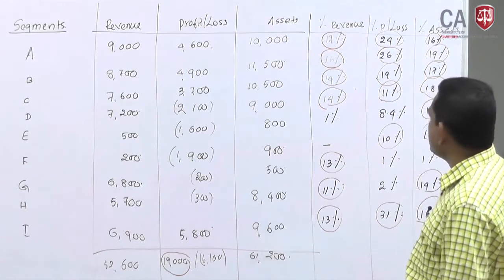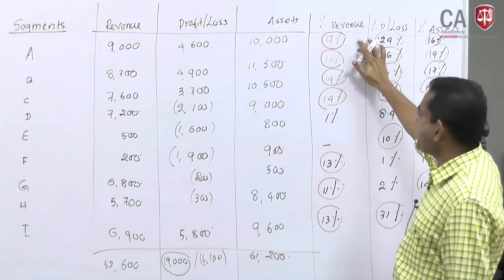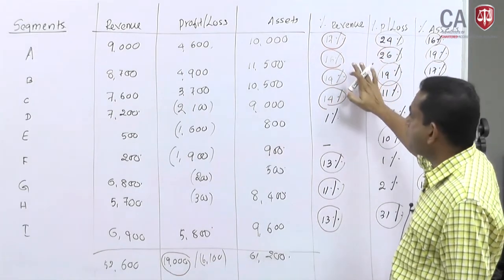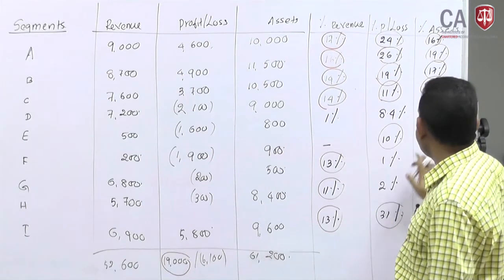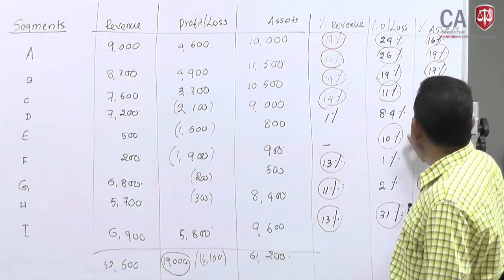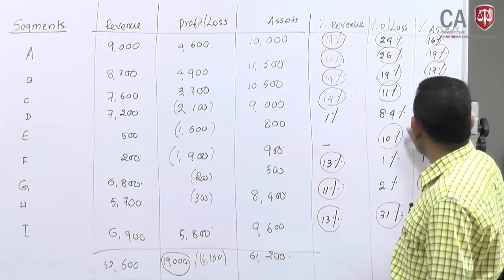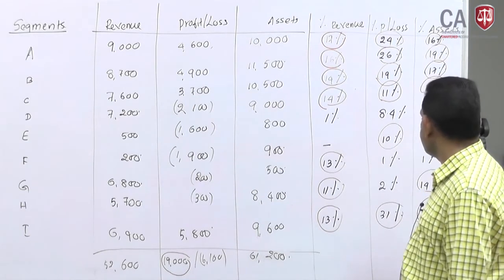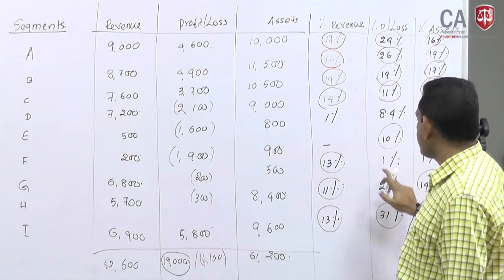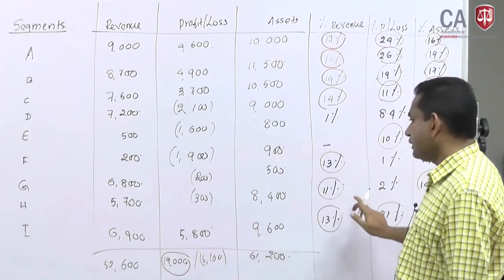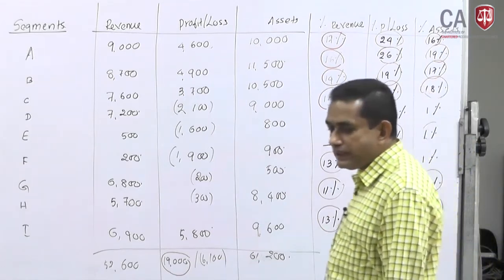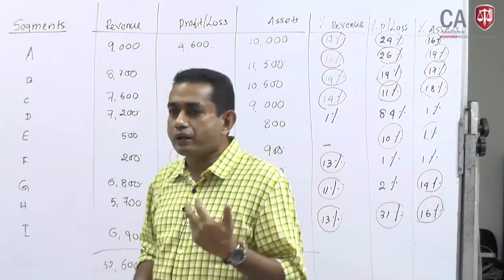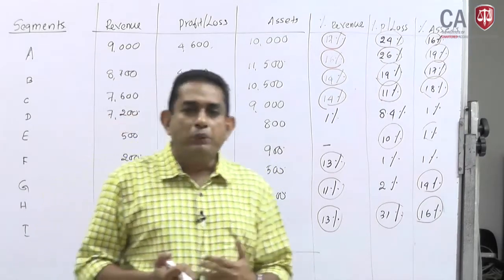A is a reportable segment, B is a reportable segment, C is a reportable segment, D is a reportable segment, E is not a reportable segment. So, let me remove this circle, and F is a reportable segment, G is a reportable segment, H and I are reportable segments.